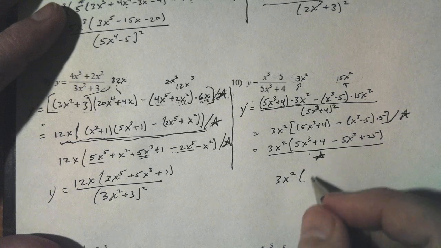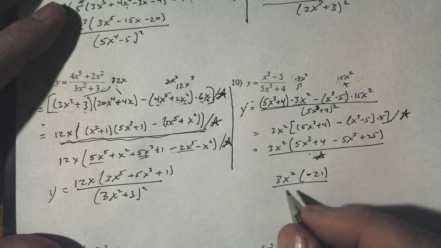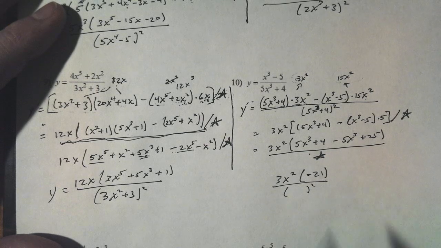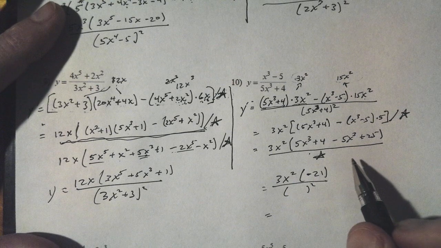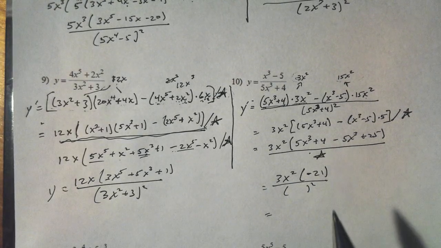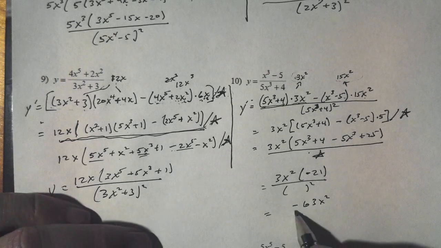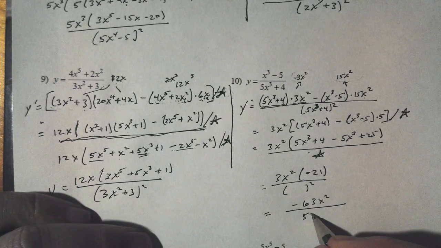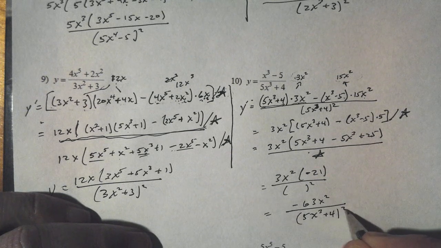I get a 4 minus 21, negative 21, all on the square of the thing below. 3x squared, just a negative 21, so I get negative 63x squared on 5x cubed plus 4 squared.